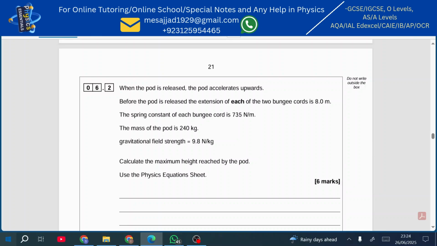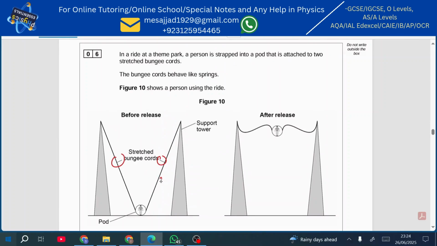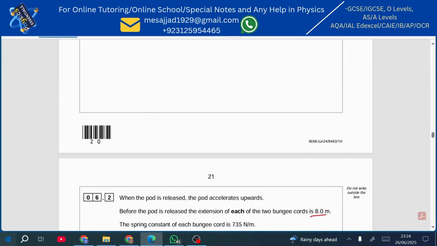So when the pod is released, the pod accelerates upwards. Before the pod is released, the extension of each of the 2 bungee cords was 8 meters. So that means each cord is actually stretched by 8 meters.